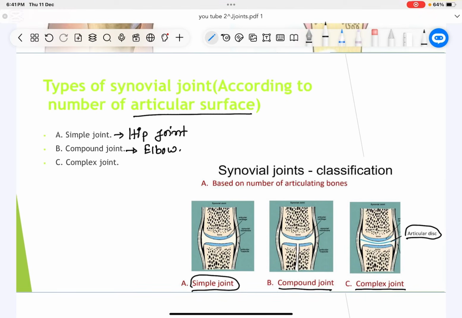In the elbow joint, three bones are held together to form the joint. What are they? Humerus, radius and ulna. For a complex joint, we can say knee joint. In the knee joint, the joint cavity is divided by the menisci. That's why a very good example of a complex joint can be the knee joint.